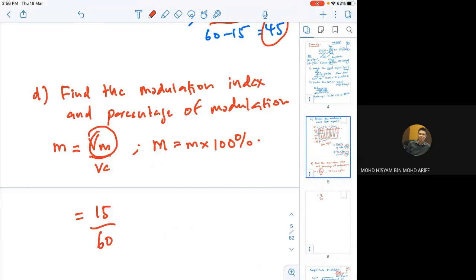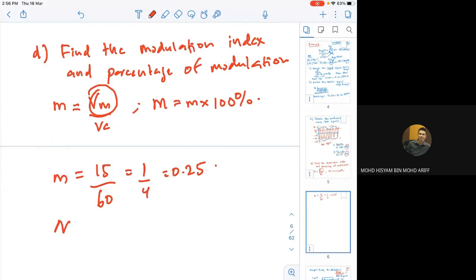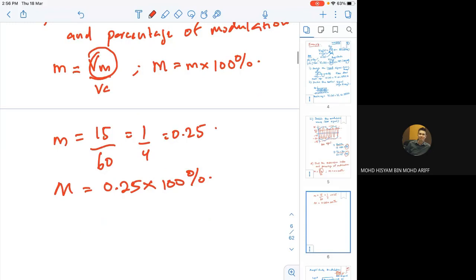So you get a modulation index of 1 divided by 4, equals 0.25. This is small m, the modulation index. Big M equals 0.25 times 100%. We still don't go to the next slide. This is just introductory material.